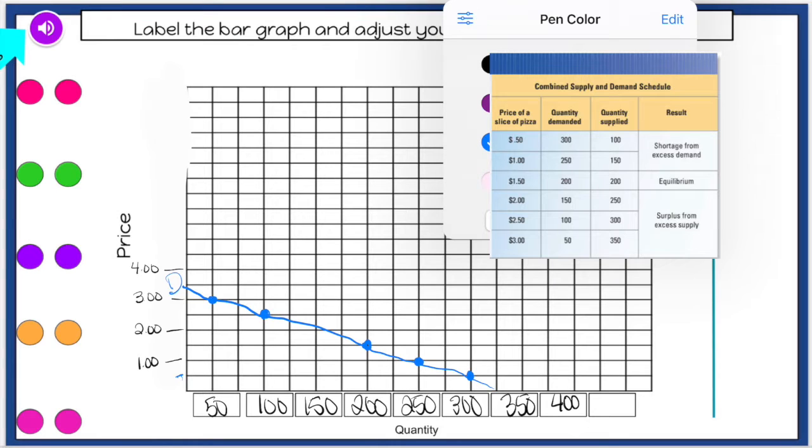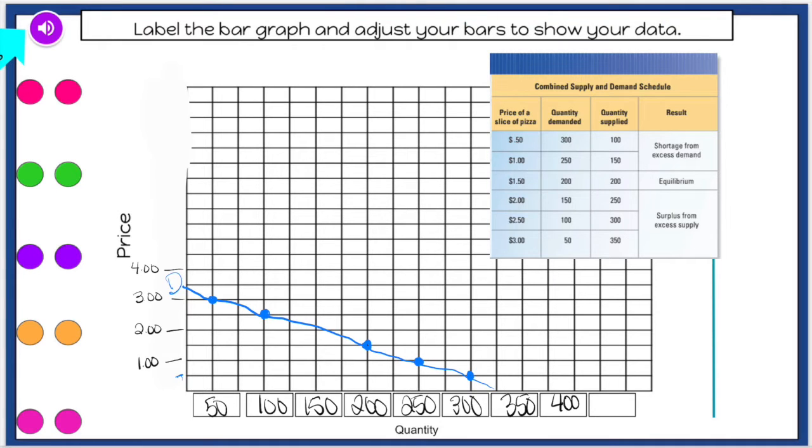So let's change the color for supply to green. At 50 cents, a business is willing to supply 100. At $1, they're willing to supply 150. At $2, they're willing to supply 150.